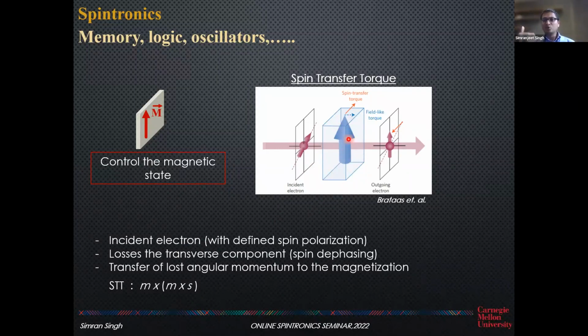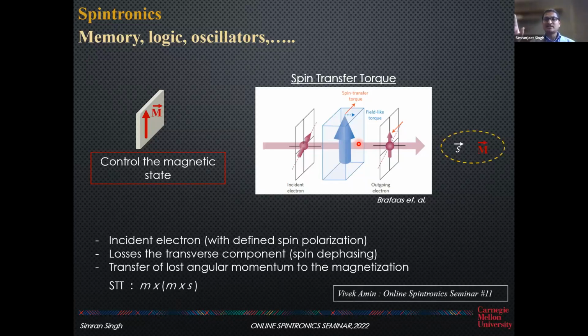Due to this transfer of spin angular momentum, the magnetization vector in a ferromagnet experiences a torque, what we call spin transfer torque. And if this torque is strong enough, you can either induce a complete reversal, or you can induce steady state precession. So essentially, in spin transfer torque, it's this interaction of electron spin and magnetization of the thin film.